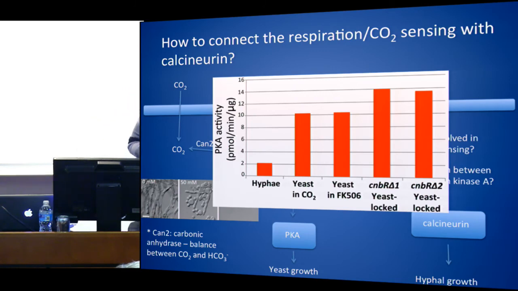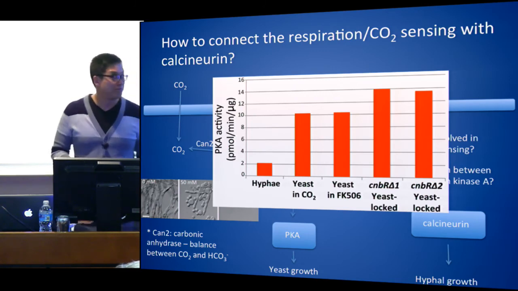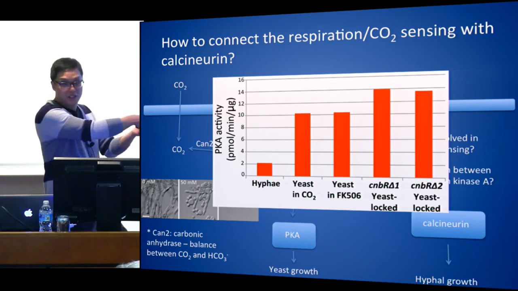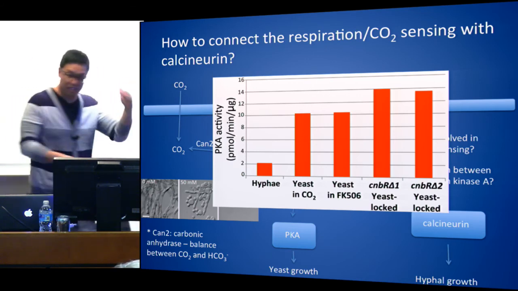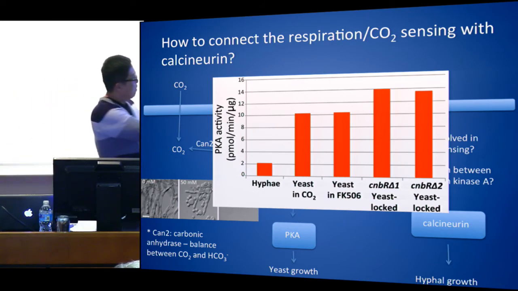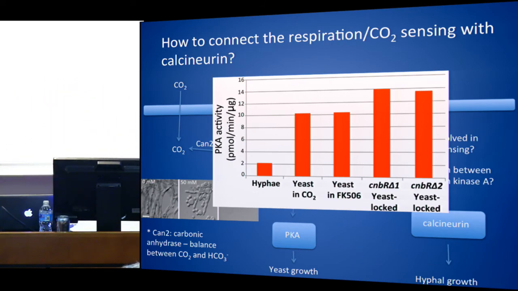So we measured the PKA activity in the hyphal cell. We have relatively lower activity because this signal pathway is not turned on. But if this signal is turned on in anaerobic condition with high CO2, as you expected, you can see higher PKA activity. But if you inhibit calcineurin activity by mutation or by drug, PKA activity still stays high.